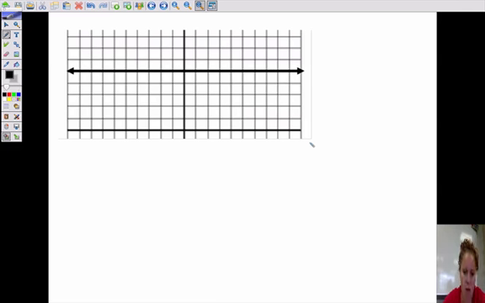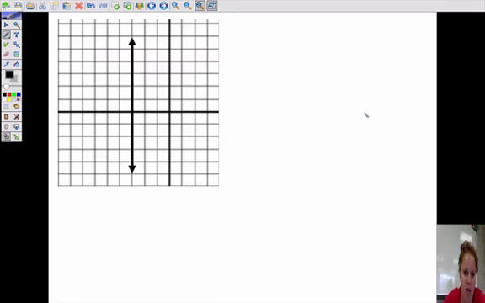And then I think we just have a couple more here. This is one of those horizontal lines. If you remember, this has a slope of 0. So we have 0x plus, looks like we're at 1, 2, 3, 4, 5. So this would be either y equals 0x plus 5 or just y equals 5.